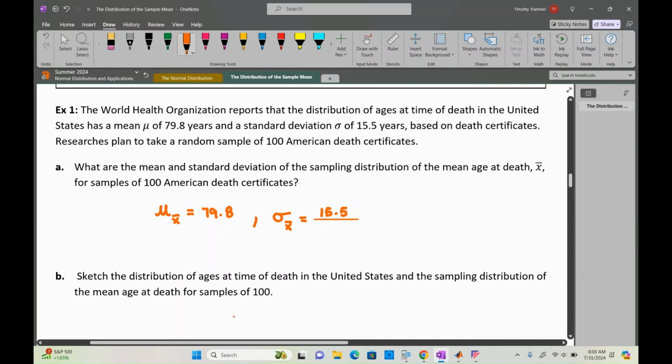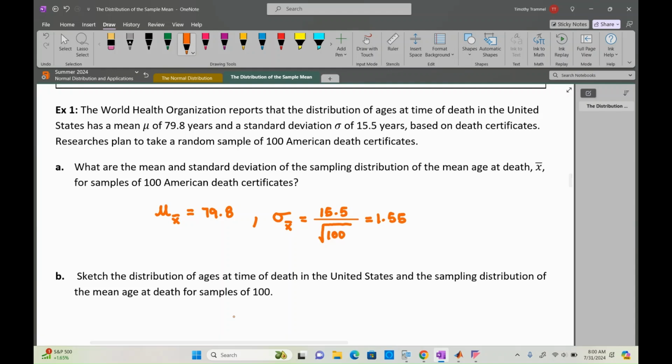It's 15.5. And then we want to divide this by the square root of the sample size. So we're working with samples of size 100. So this is going to come out to actually 1.55 here. So we have found the mean and standard deviation for the sampling distribution of X bars for samples of size 100.